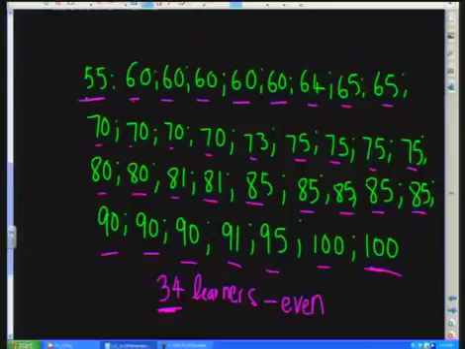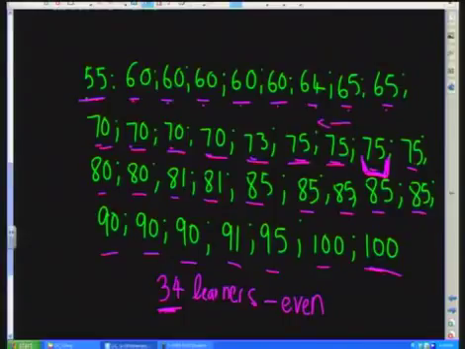We know we've got 1, 2, 3, 4, 5, 6, 7, 8, 9, 10, 11, 12, 13, 14, 15, 16, 17. So we're looking at that being the exact 17th point. It's not going to be the middlemost number, and this is why. If you count everything below there, you've got 16 values.